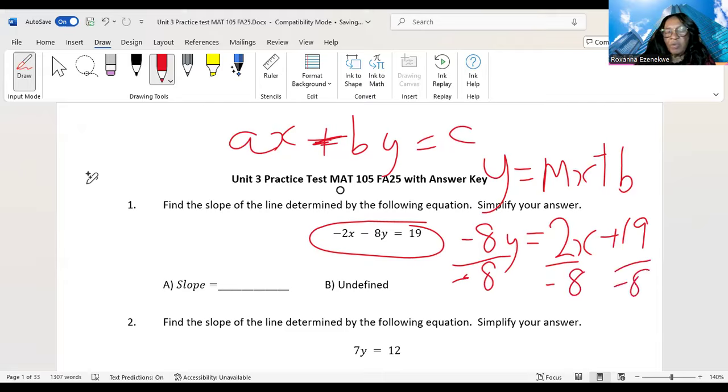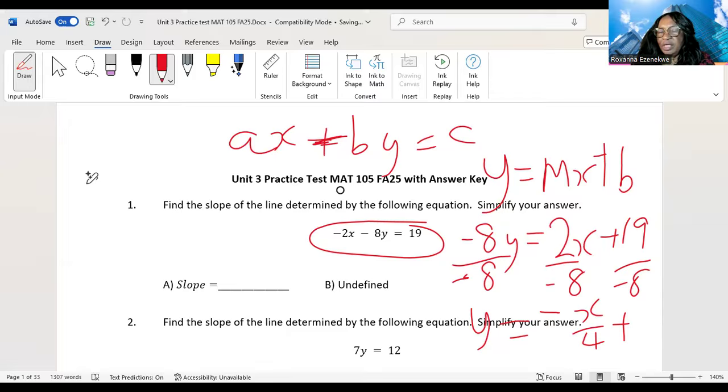And so I end up having y, because negative 8 cancels negative 8. Then I have negative x over 4, which can be written as negative 1/4 x. And then the y-intercept is going to be negative 19 over 8.